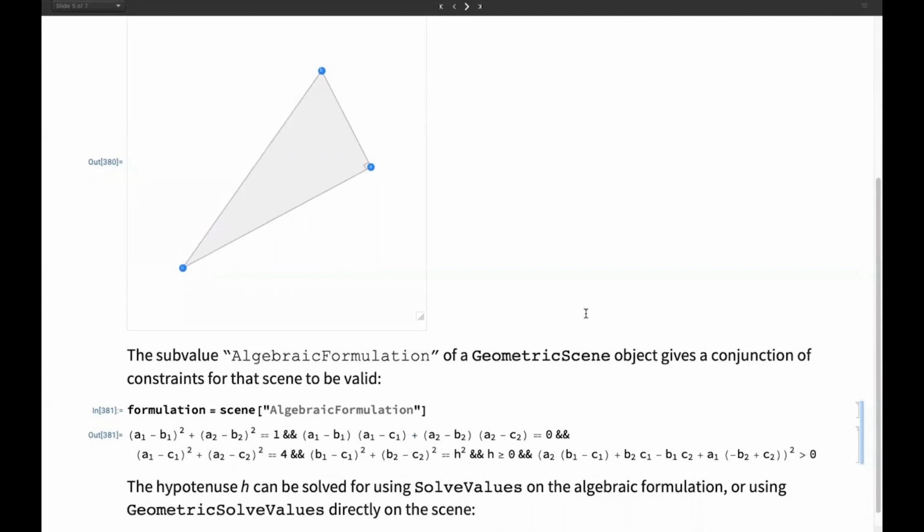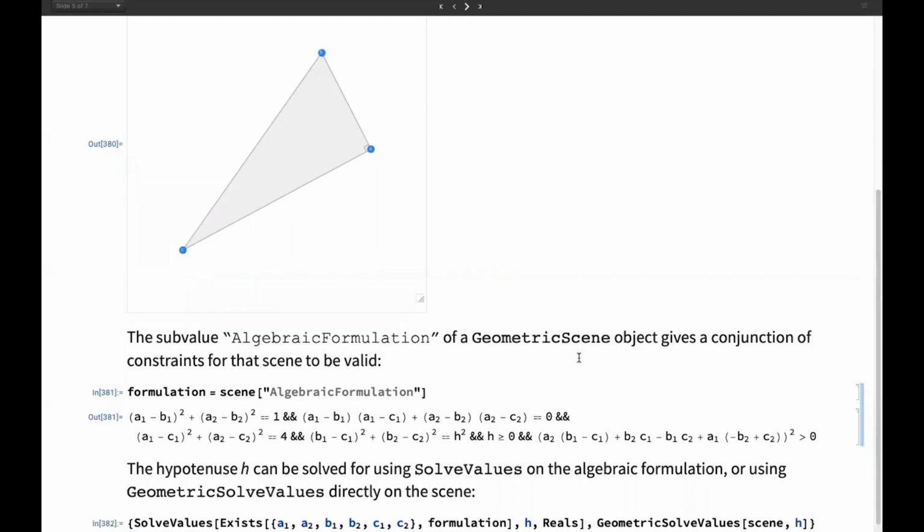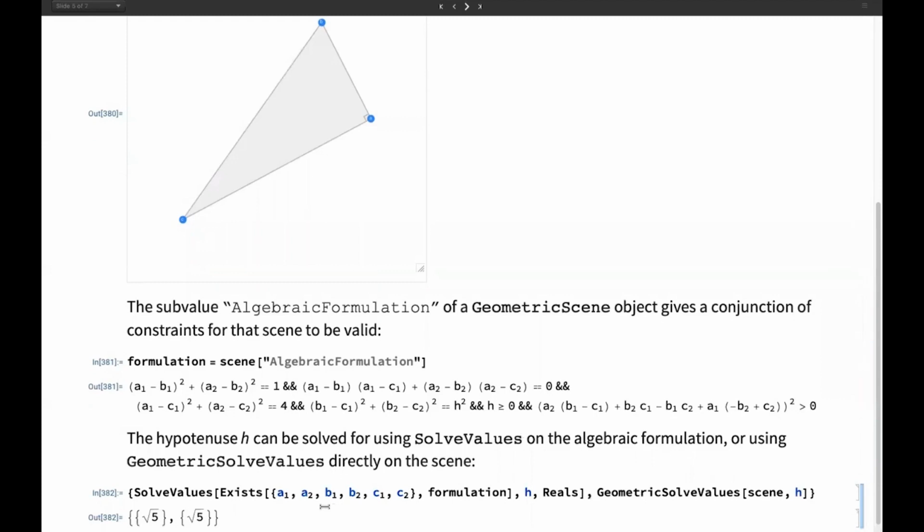To find this hypotenuse, we can run the existing function SolveValues on this algebraic formulation, or we can run our new function GeometricSolveValues directly on the scene. And in fact, we get the same results.